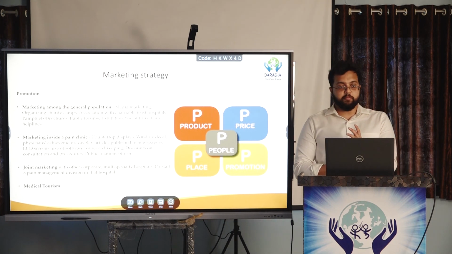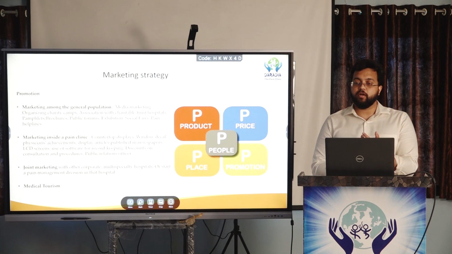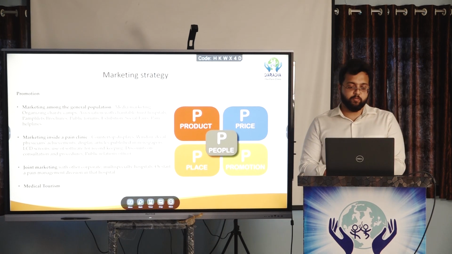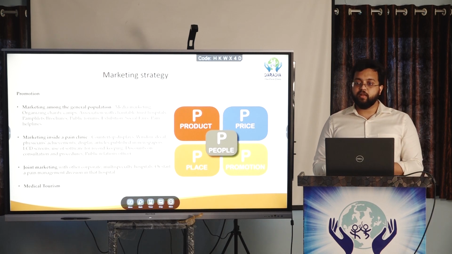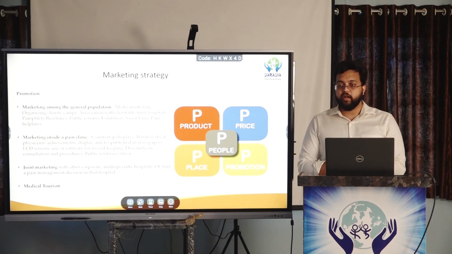I think this is something I have personally been reading up on for almost the last 4-5 years, more than that, almost a decade. And I think India does a great job when it comes to the quality of treatment at a low cost, right?